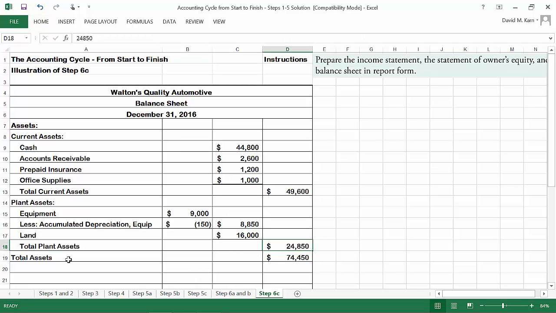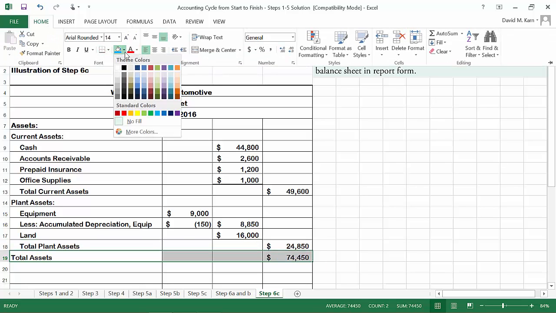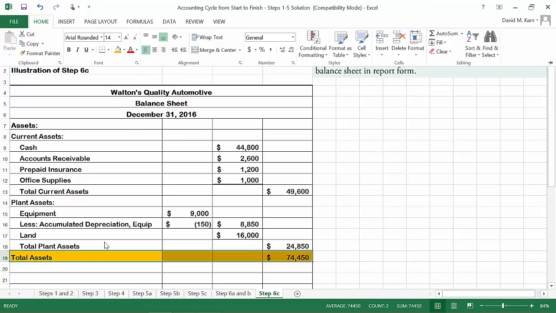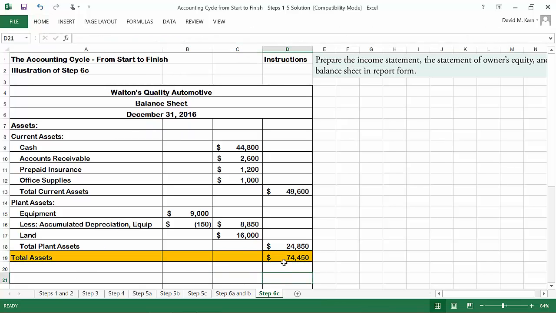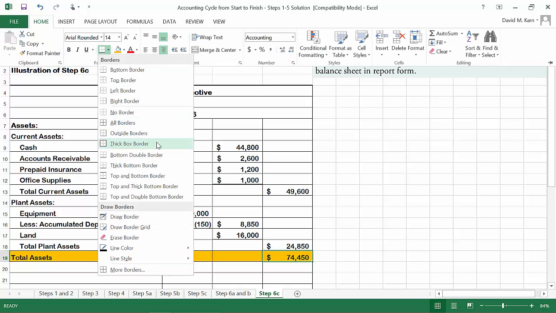Okay, and I will highlight that in orange because we definitely have to have total assets equaling total liabilities plus owner's equity. And we will put a double line underneath the 74,450 to show that that is our answer.